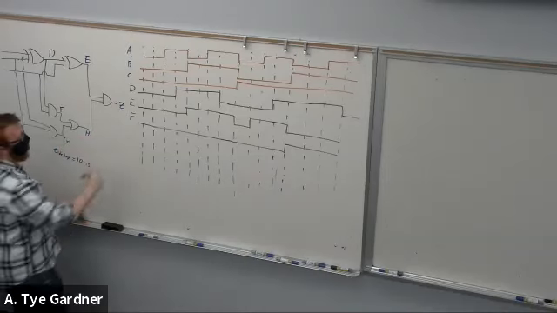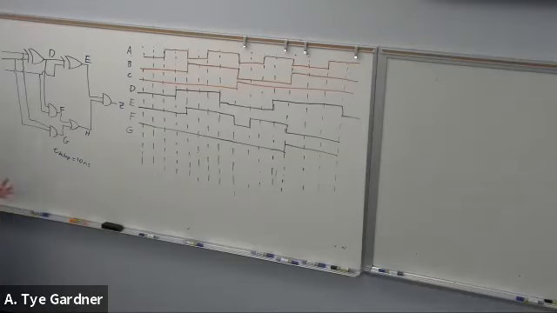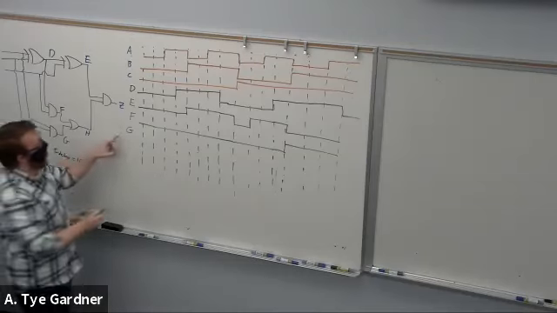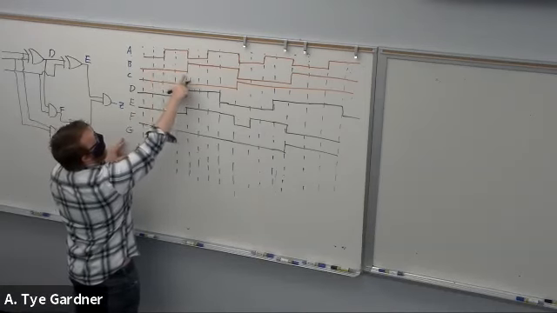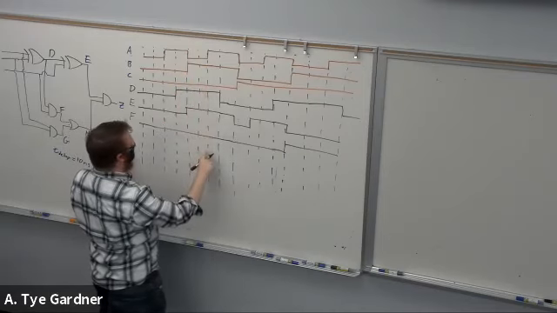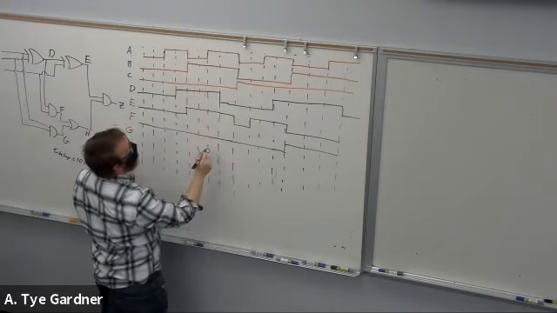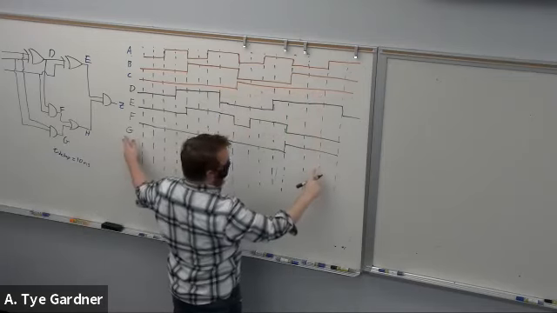Okay, G. G is the one that I pointed out earlier is super easy, because G is just A and B. It can't be true until here, and so really it's this node at this point that can be true, and then this node at that point.